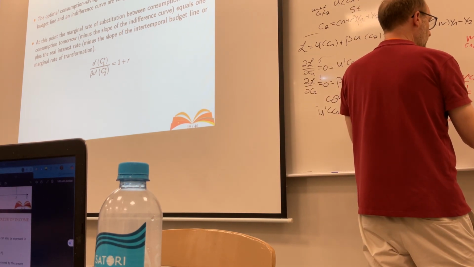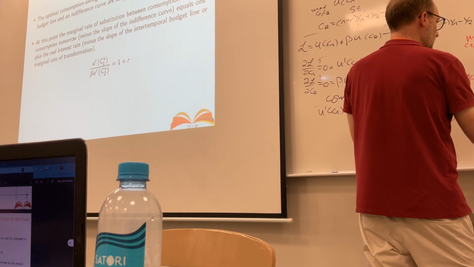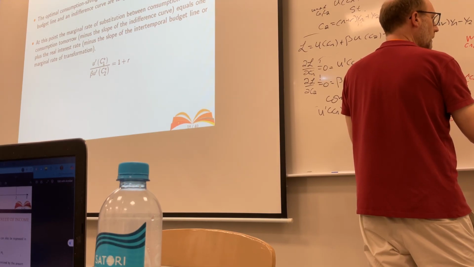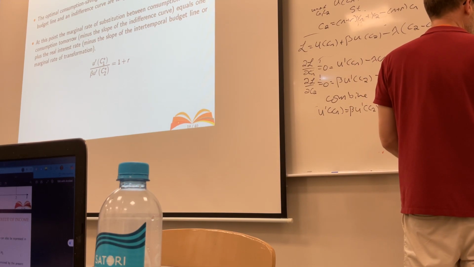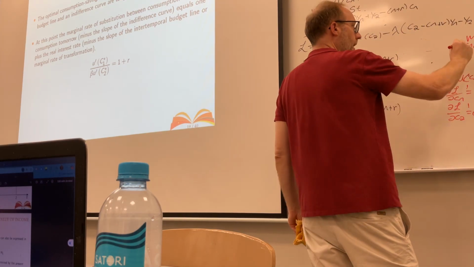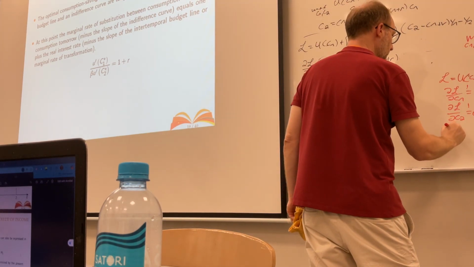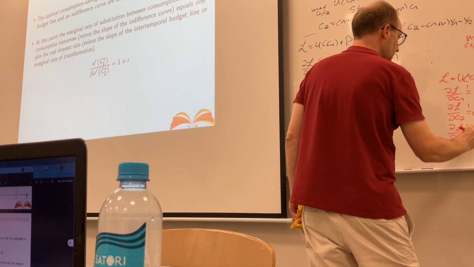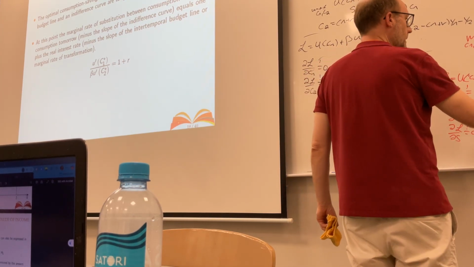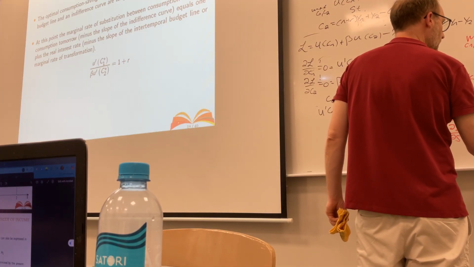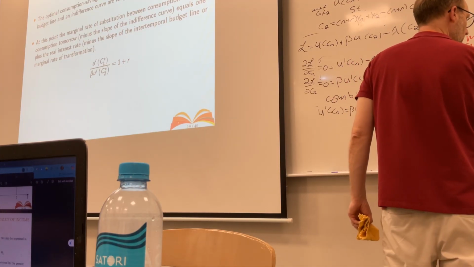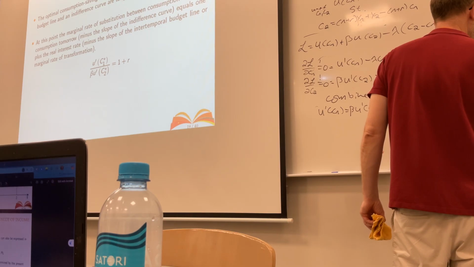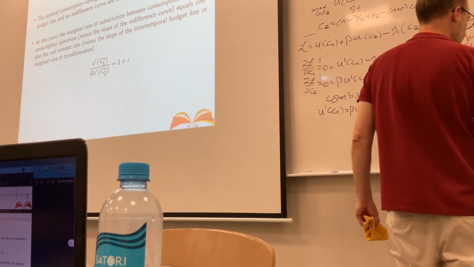With respect to c2: beta u prime c2 minus lambda 2. And now also with respect to savings: minus lambda 1 plus 1 plus r lambda 2.